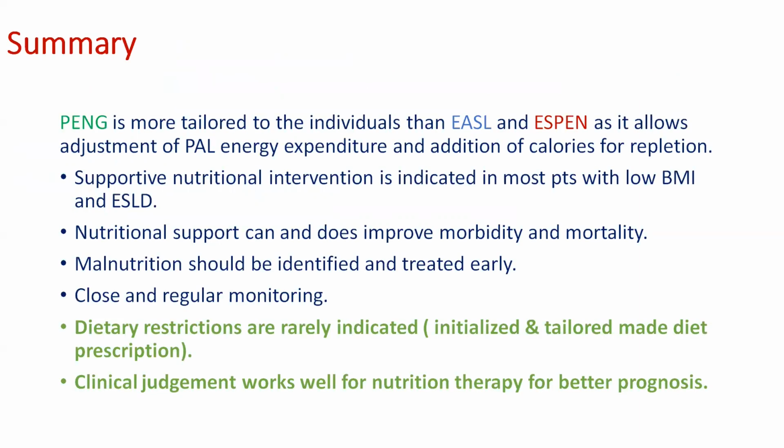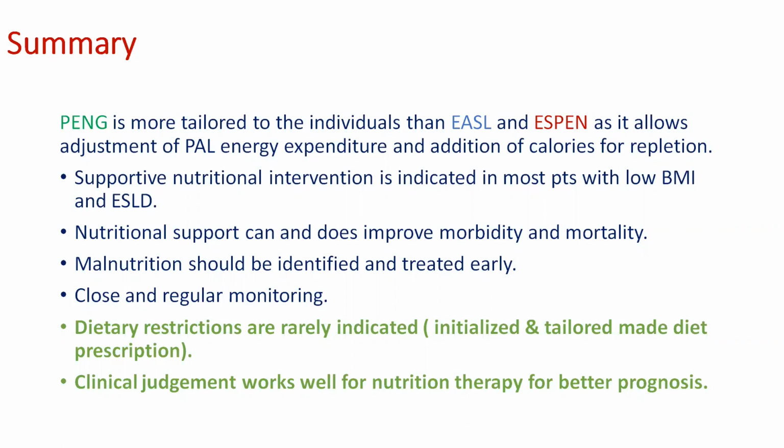The summary: PENGE is more tailored to the individual than EASL and SPEN. Earlier, I admit that I have been blindly following the EASL guidelines. So I would request you, when the patient comes, just use your gut, your clinical judgment.